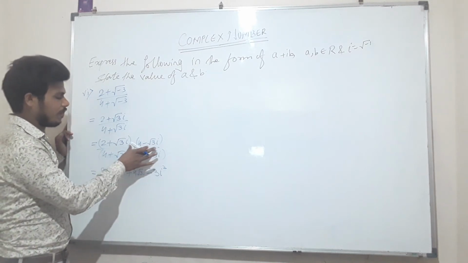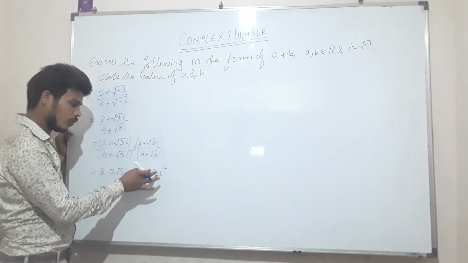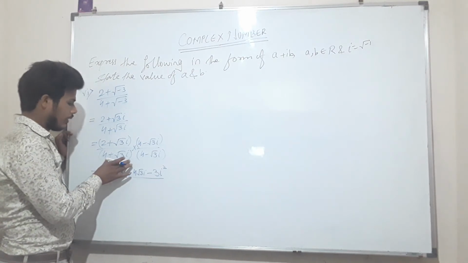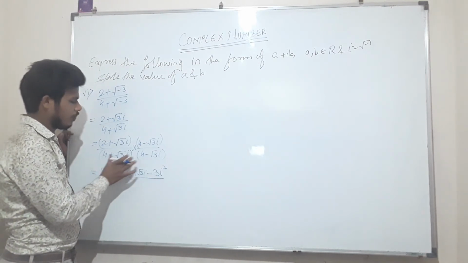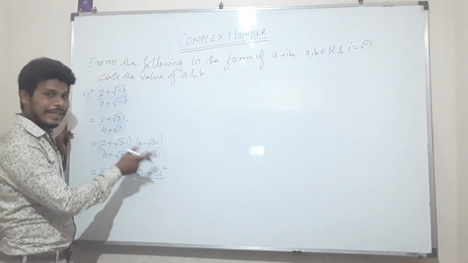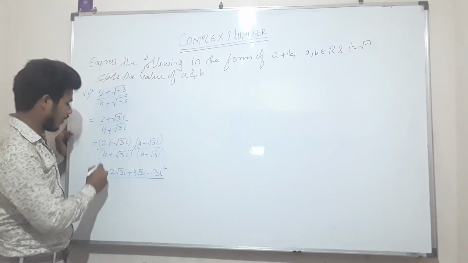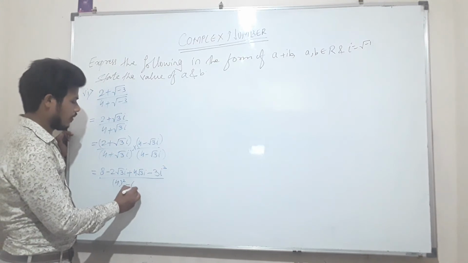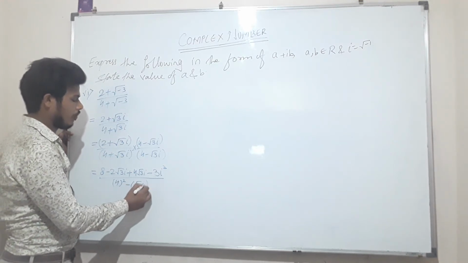Okay, so you can split in this manner. Root 3 into root 3 is 3, i into i is i square. Upon the denominator, which is of the form a plus b, a minus b, so it will be a square minus b square. So 4 square means a square minus b square.